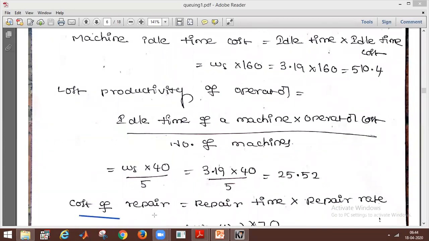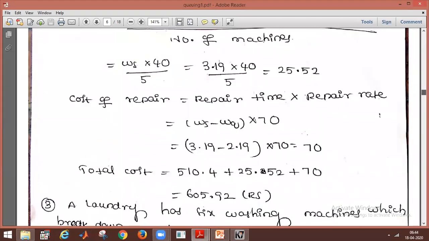The cost of repair means the repair time and the repair rate. Both multiplied, repair time and repair rate, give the cost of repair. For the repair time, we have to calculate it as the waiting time in the system, WS minus WQ.